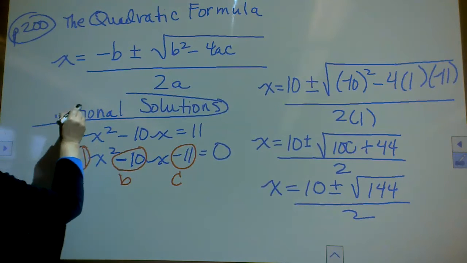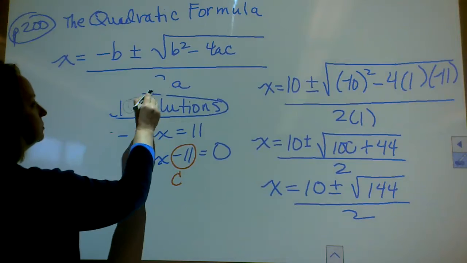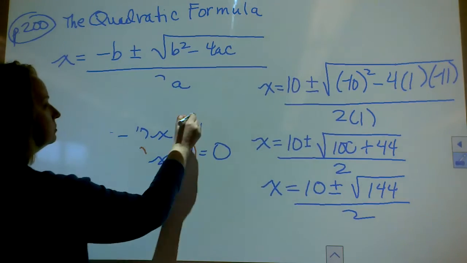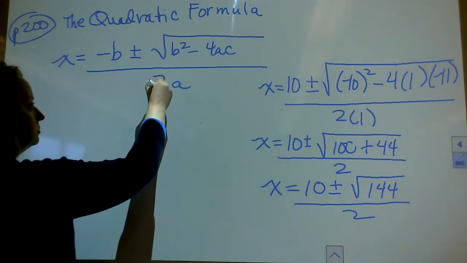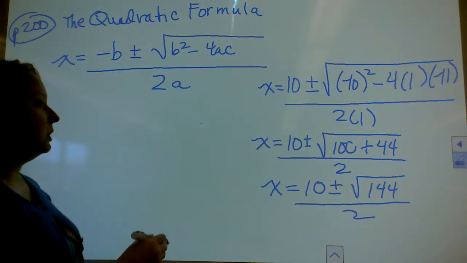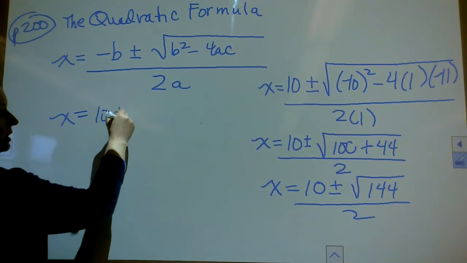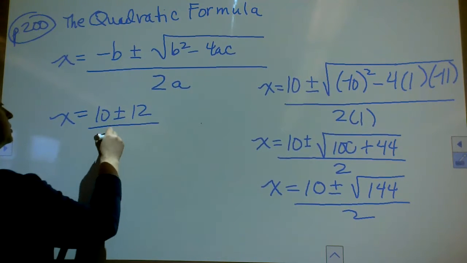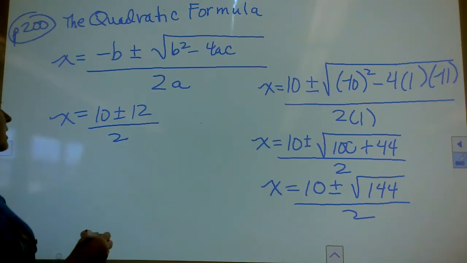Let's make more room over here so we can work the problem. We get x equals 10 plus or minus 12 all over 2. Then you're going to actually work that out.